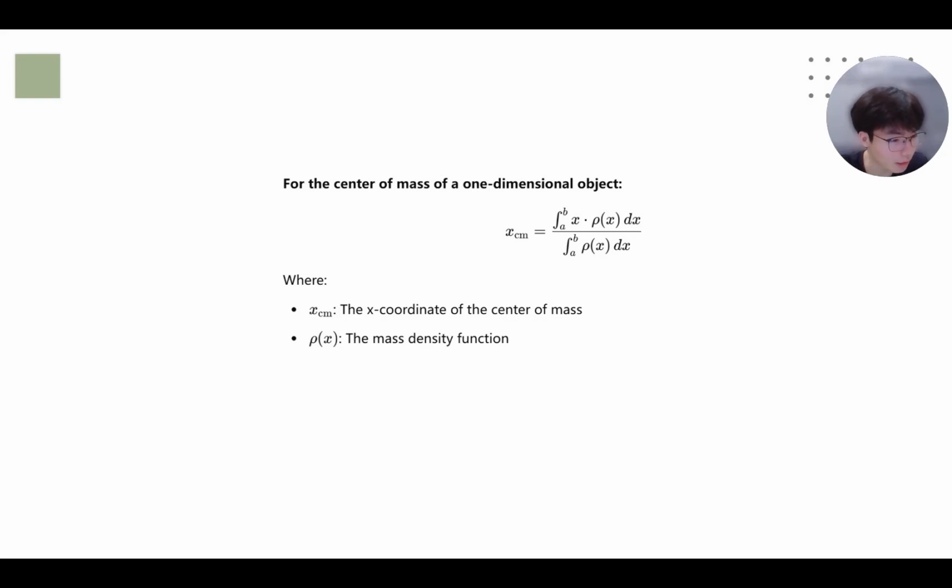When your finger is directly under the center of mass, the ruler won't tip. For continuous objects, the center of mass isn't always obvious. To find it, we need to use integration. The formula for the center of mass is here. Using it, we can find where the center of mass is.